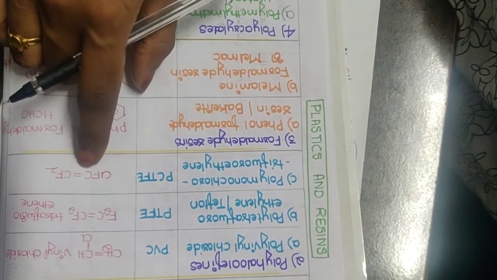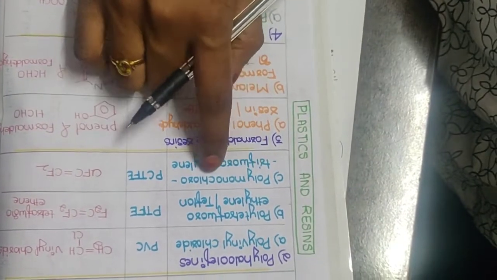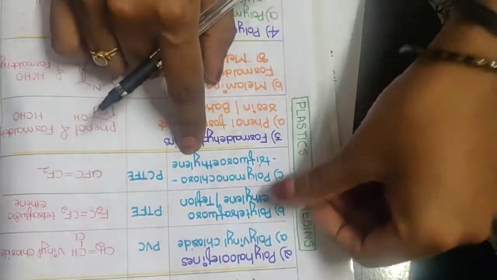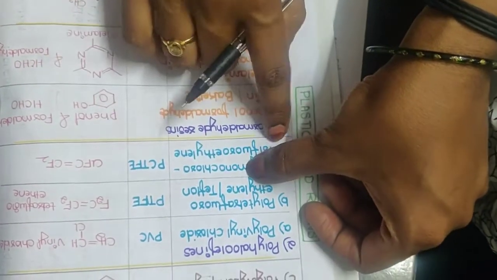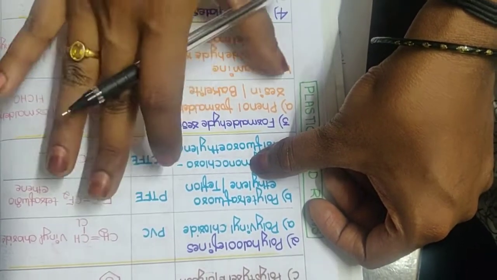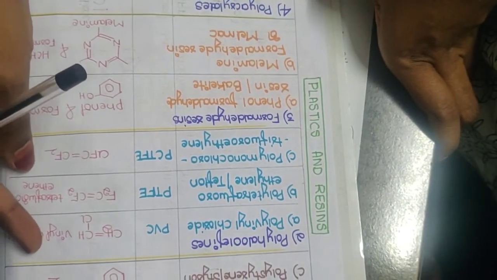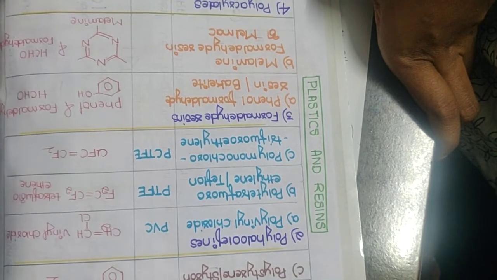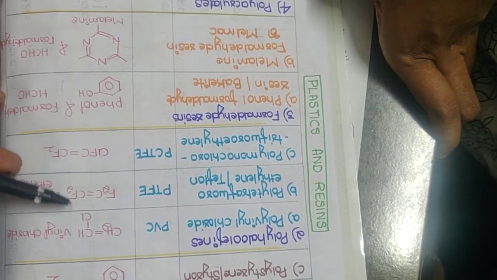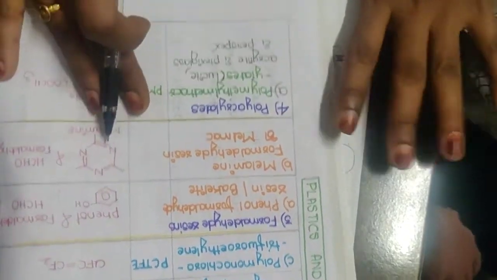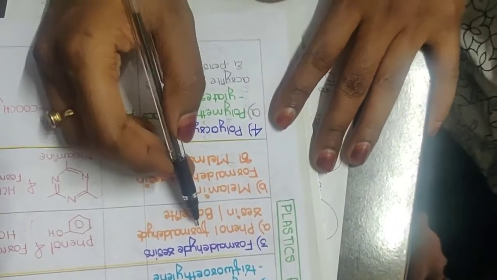This is the monomer for polymonochlorotrifluoroethylene, so the monomer is monochlorotrifluoroethylene. Very simple. All three are again examples of homopolymerization. Why? Because we have only a single monomer repeated several times.